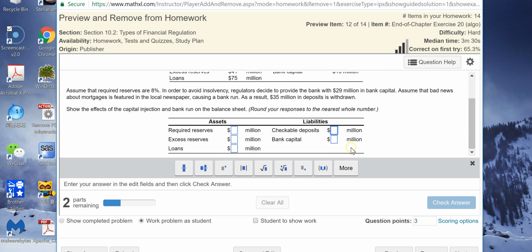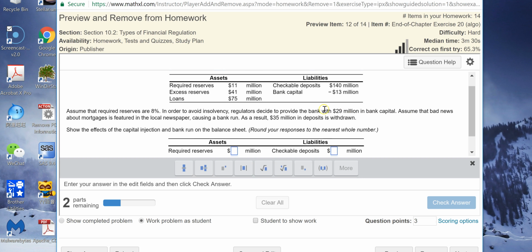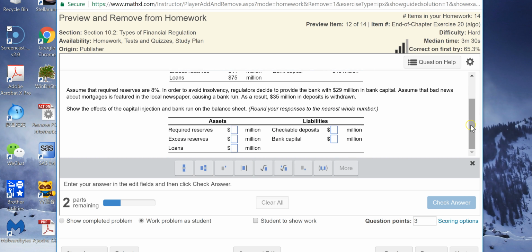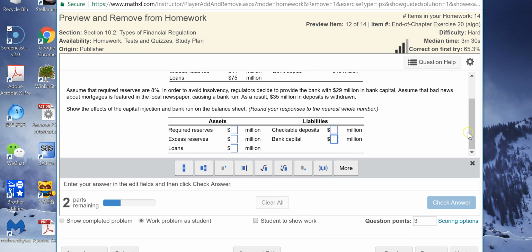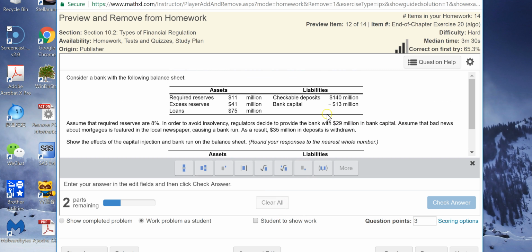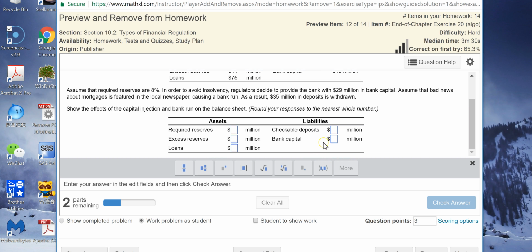So first, as we explained, we can determine the checkable deposits and the total bank capital after the capital injection. So probably the second part is relatively easy. New capital is negative 13 plus 29. So that will give me 29 minus 13, so that's 16.